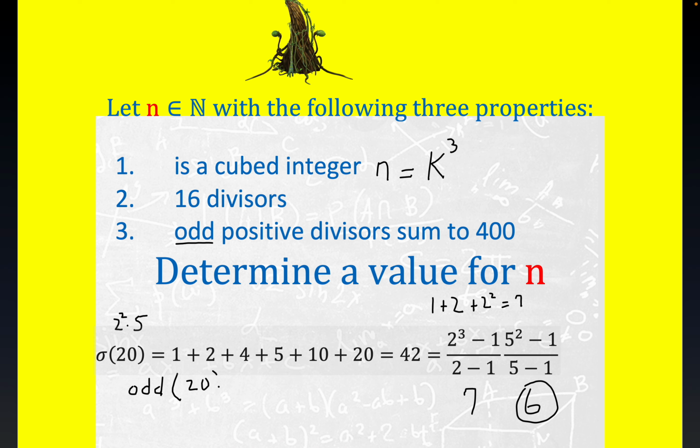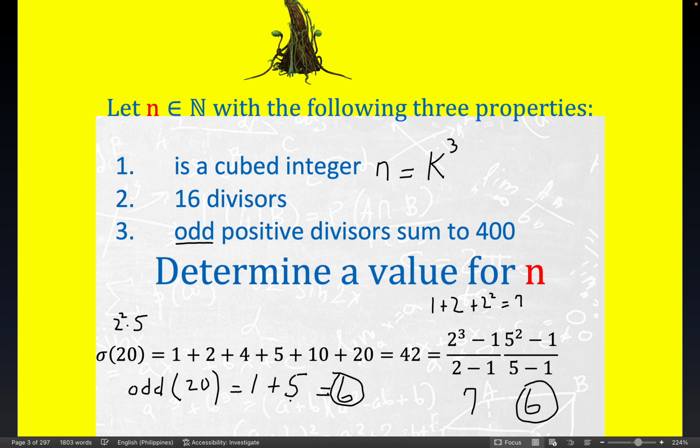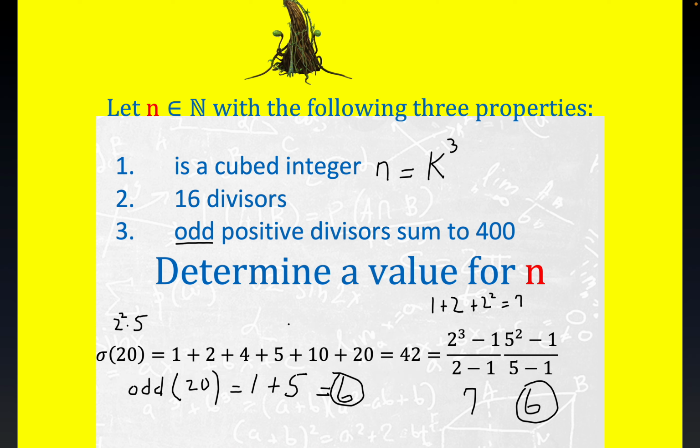Manifestly 1 and 5 are the only odd divisors, so that's equal to 1 plus 5 is equal to 6. So you see, all you do really is just leave out the 2, and there you have it. If you leave out the 2, which is what you'd expect, you get the same thing as the old-fashioned way over here. So that's an important thing as we move along.